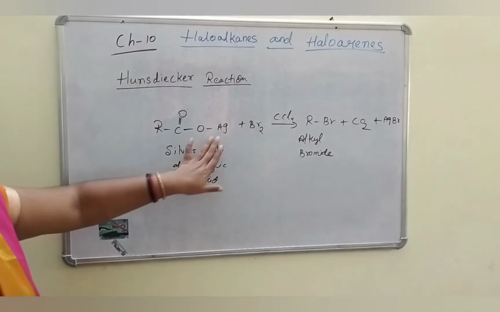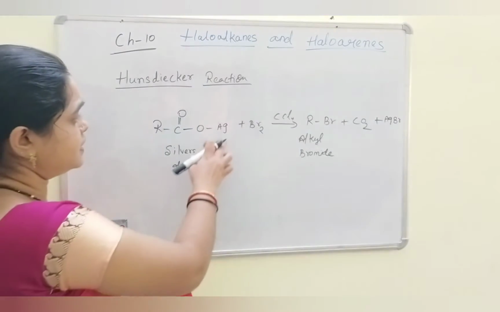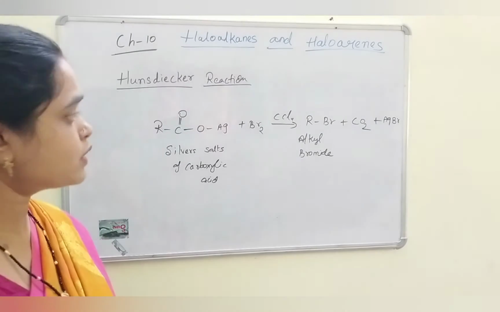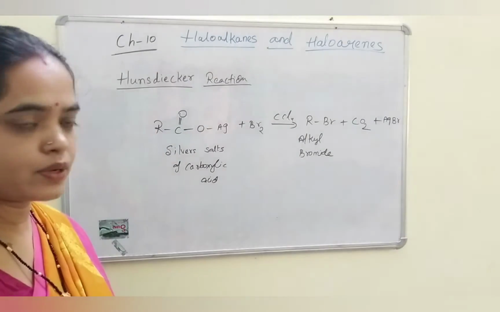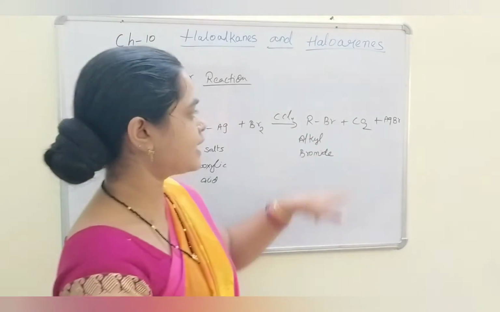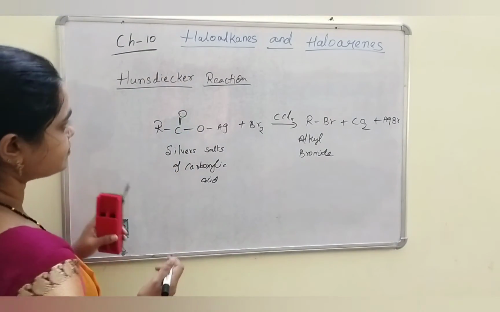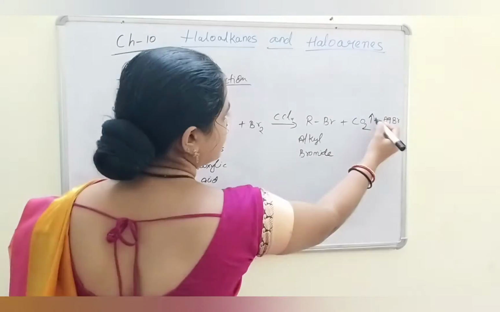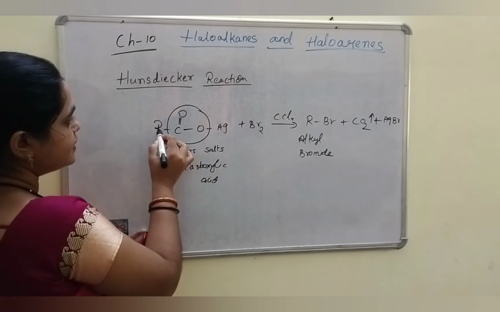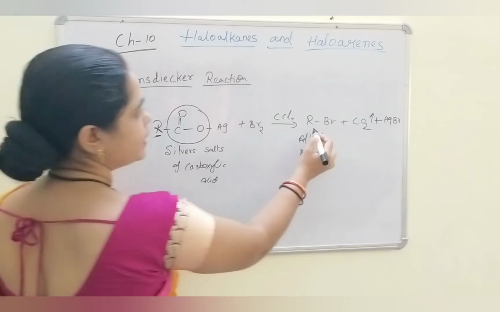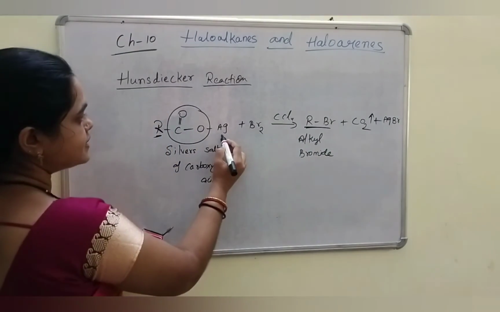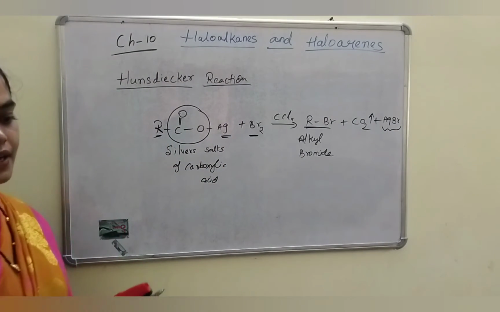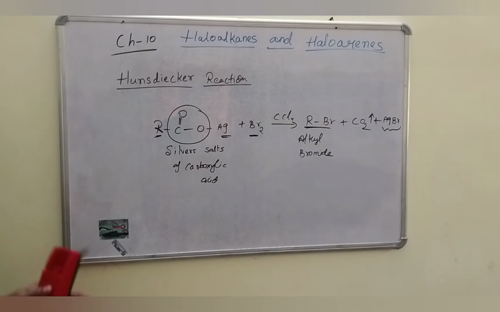When the silver salt of carboxylic acid is treated with halogens like bromine or chlorine in presence of carbon tetrachloride, they give the corresponding alkyl halides, and carbon dioxide gas is removed. The alkyl with one bromine gives alkyl bromide, and the silver with another bromine gives AgBr.